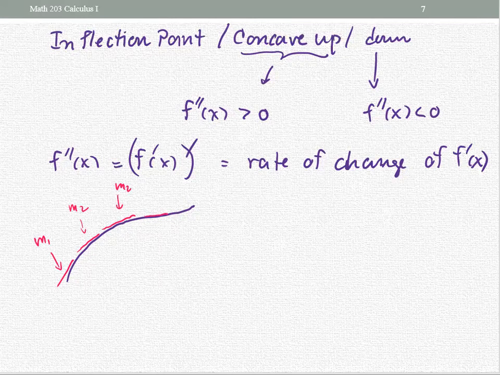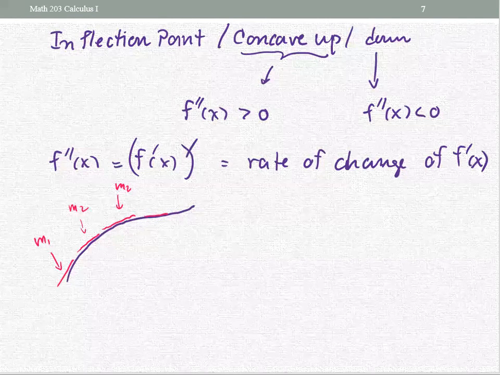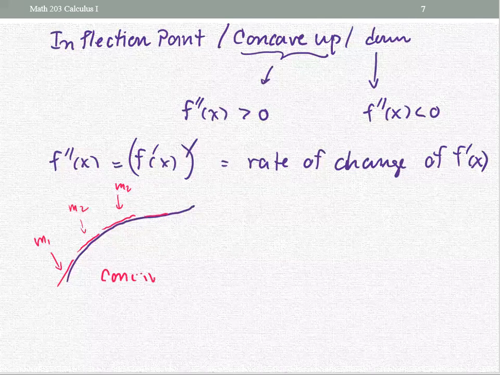Think about these M numbers. M1 is steeper, and then not as steep, not as steep, right? It looks like the rate of change of the slope is decreasing. So this is a case of concave down, because the slope is not rising as you go along the curve.